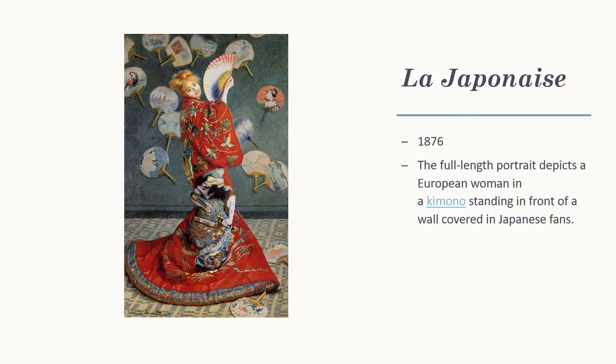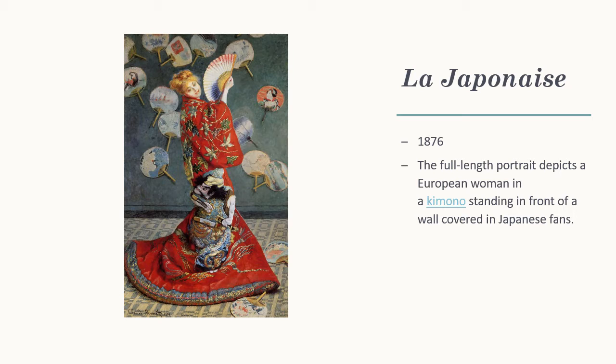La Japonaise is an 1876 painting by Claude Monet, now in the Museum of Fine Arts, Boston. The full-length portrait depicts a European woman in a kimono standing in front of a wall covered in Japanese fans.